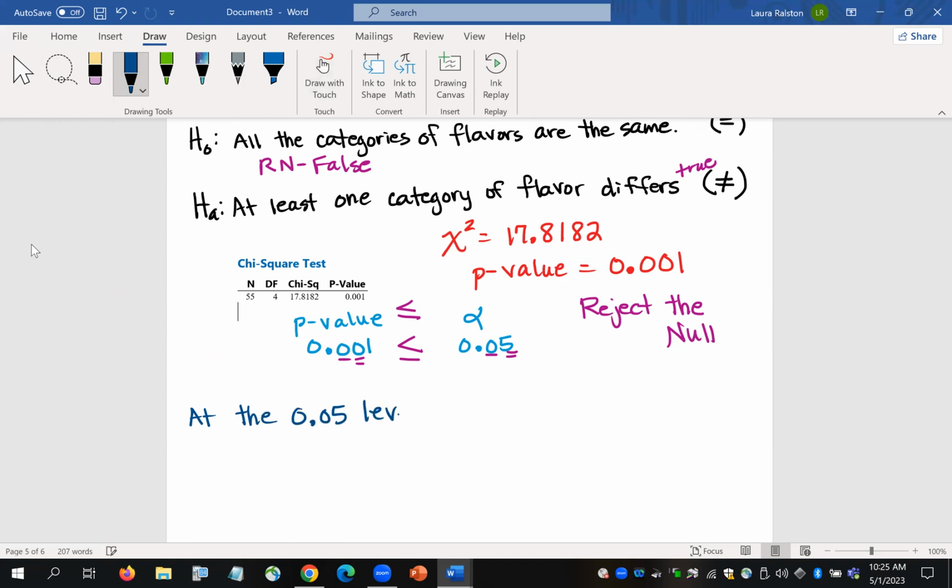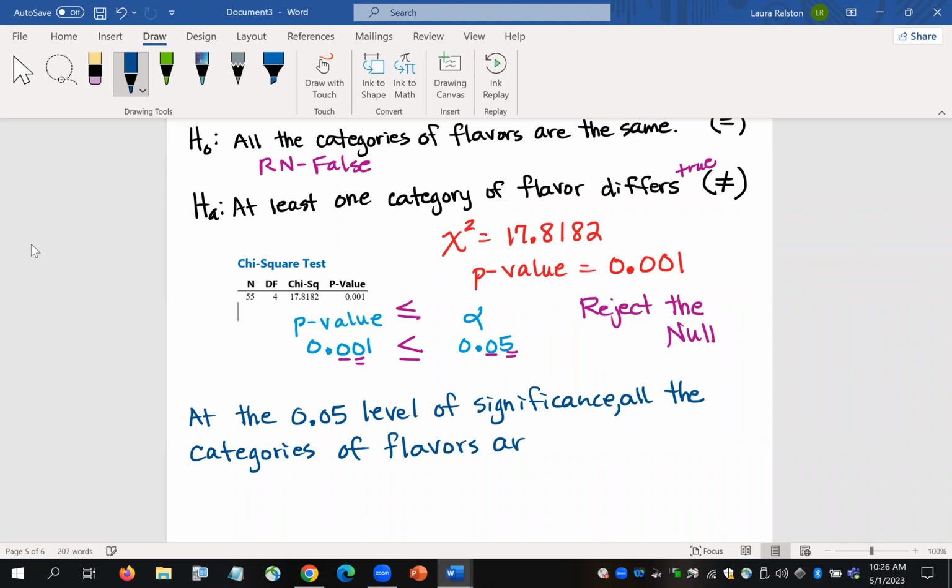So I would say at the 0.05 level of significance, and there's different ways you could say it. I might say all the categories of flavors are not the same.